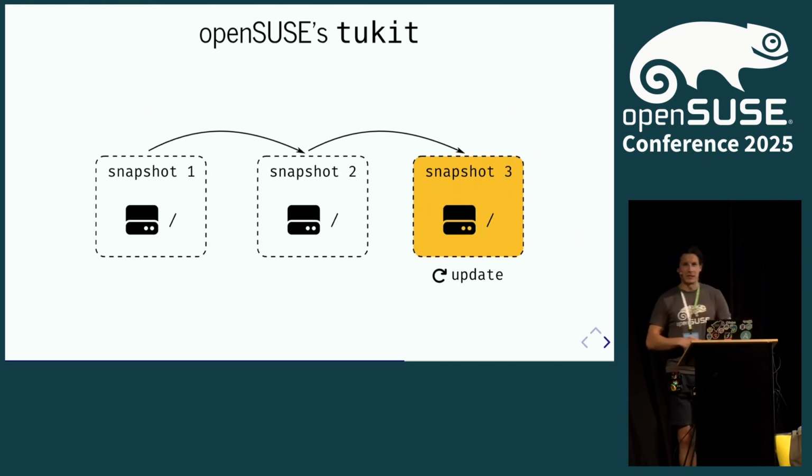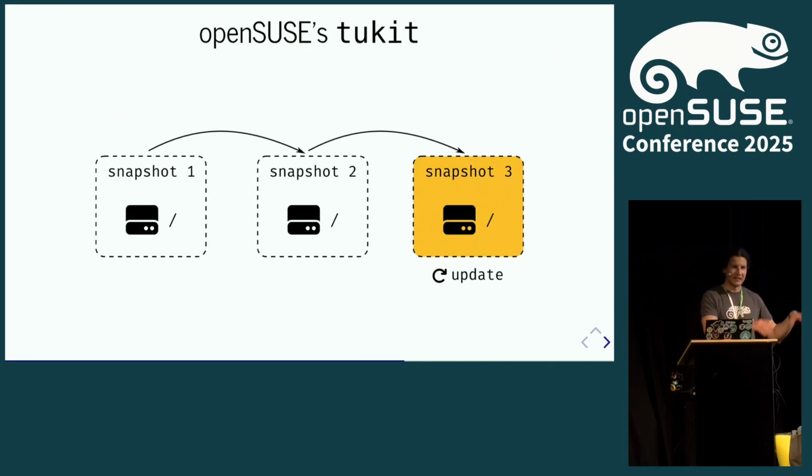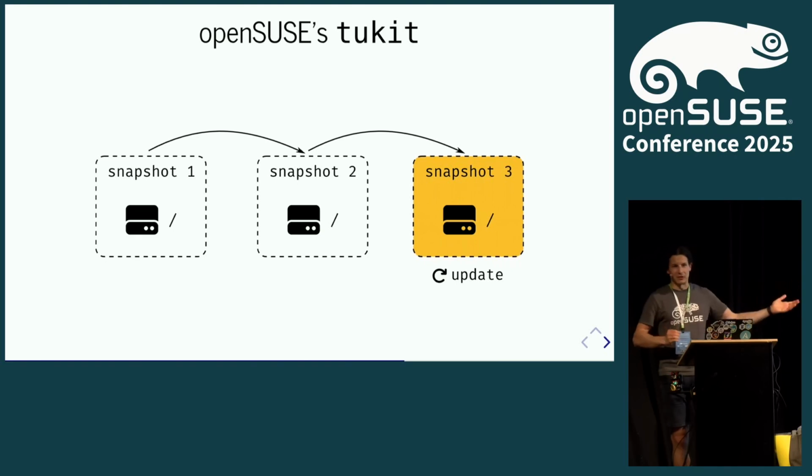Very nice, very simple, and it has the great advantage that you still get the atomicity of updates, but you don't have the nasty limitation that you can't really overlay anything, which you have with rpm-ostree. And if anything should fail in the update, you just trash it and you're done.